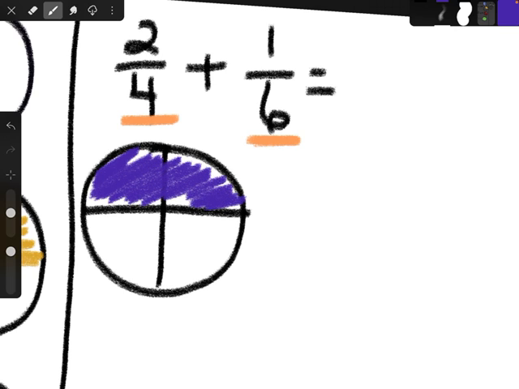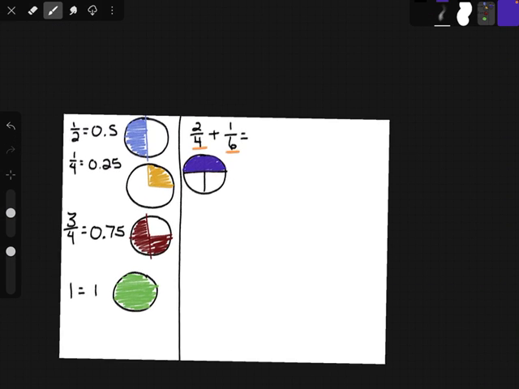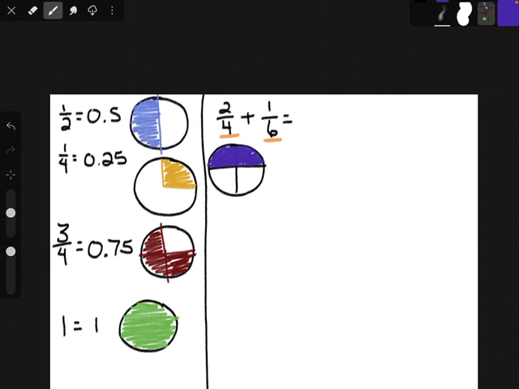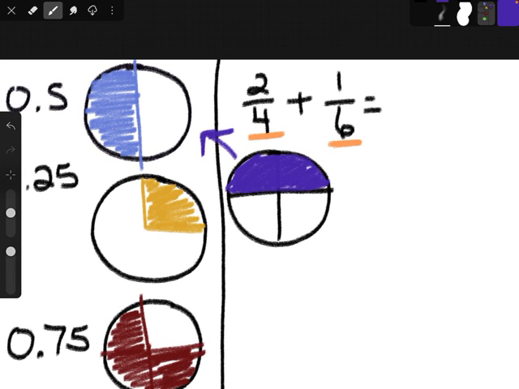So now my question is, which of these look most like the pie that equals 2/4? I would say this one. This one looks most like it, and this one is 0.5.